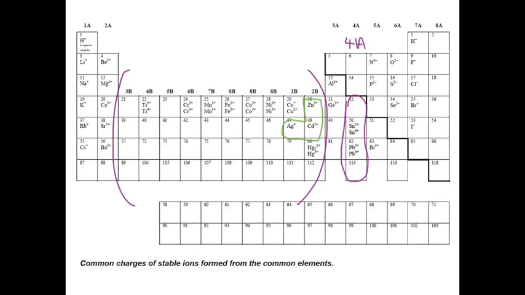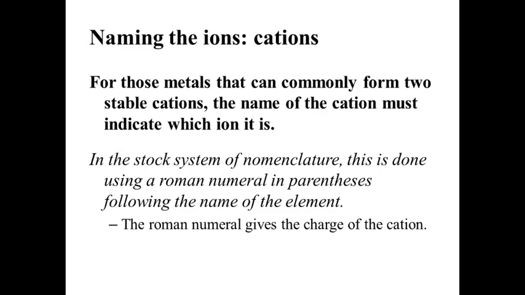Now I know that there's some blanks here, and they could be filled in, but I didn't choose to fill them in. Okay, so the thing comes in the metals, the cations, the ones that form more than one cation form, like iron is a +2 and iron is a +3. When we go to name that thing, what we need to do is incorporate in the name, not in the formula because that's normal, but in the name we need to say what charge it is, which cationic form it is.